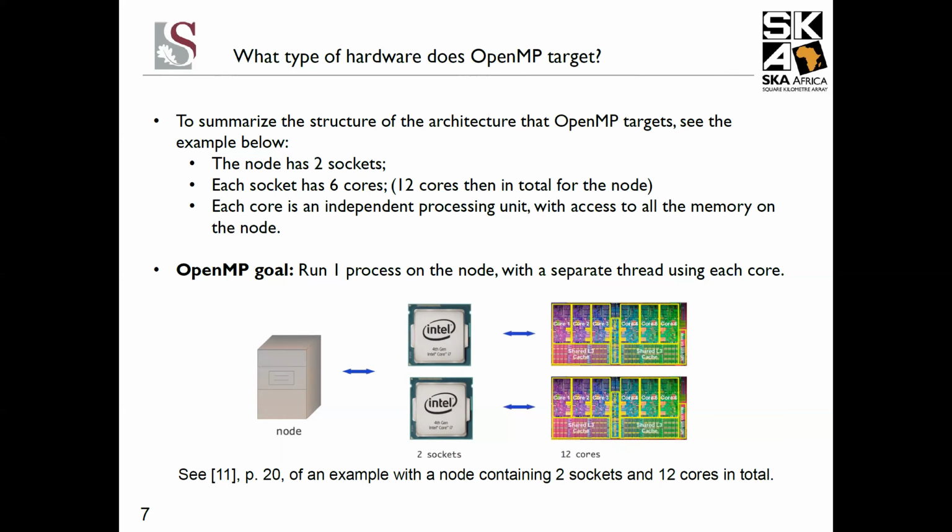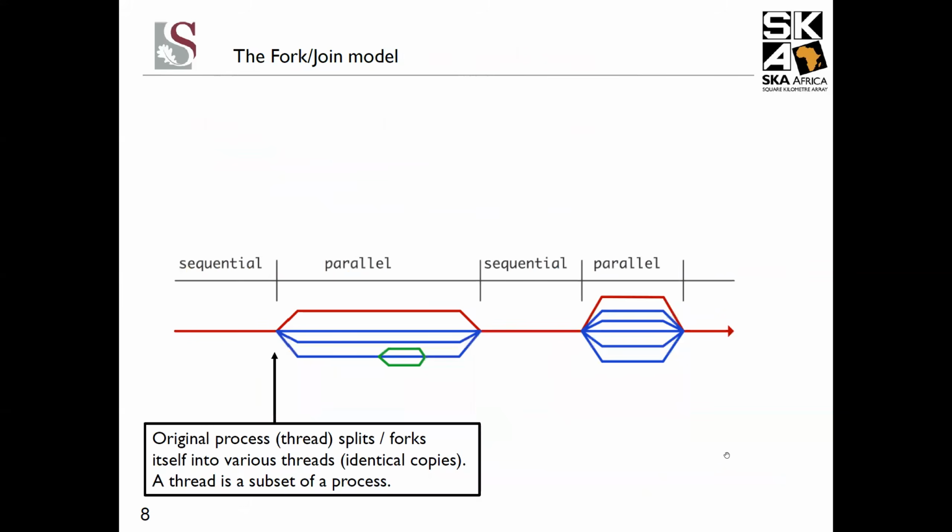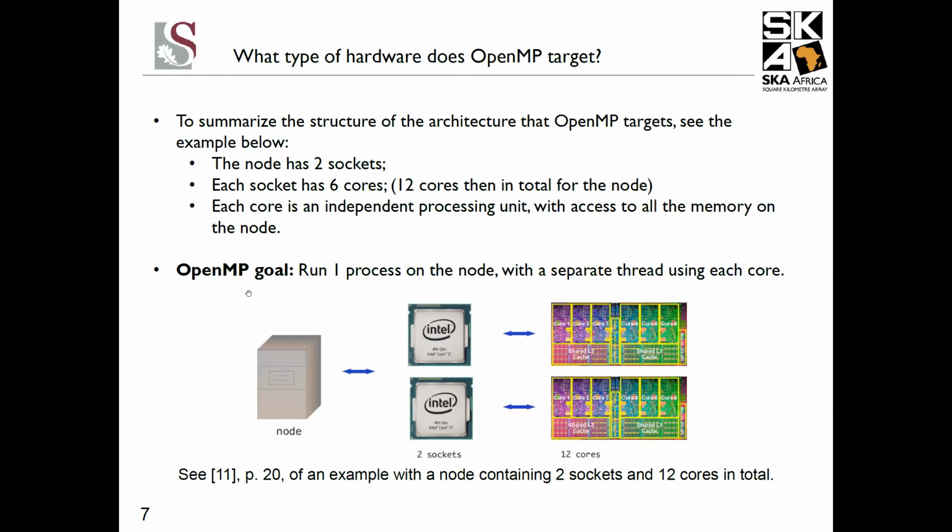That's where OpenMP comes in. So how are we going to do that? Just to recap, the OpenMP goal is to run 1 process on this node, and inside this 1 process use threading so that each of the various cores is utilized to its full potential in order to accelerate the code even more.